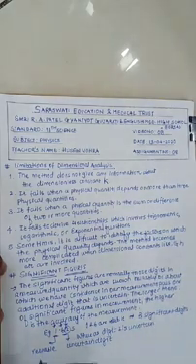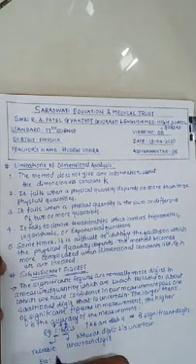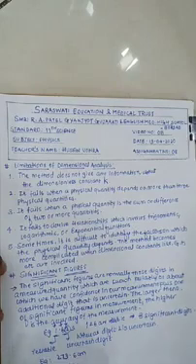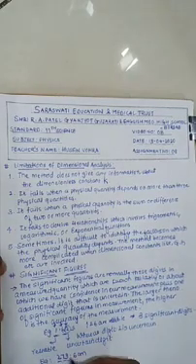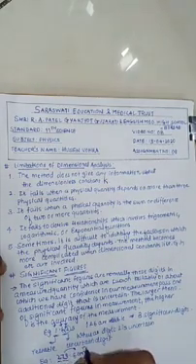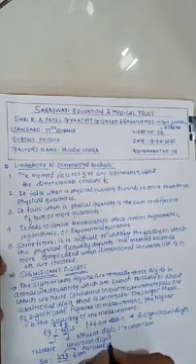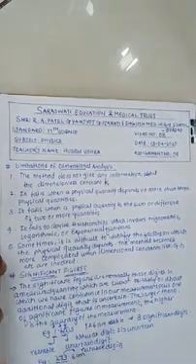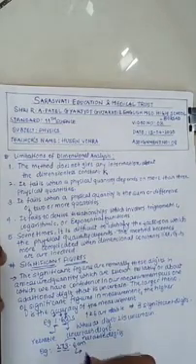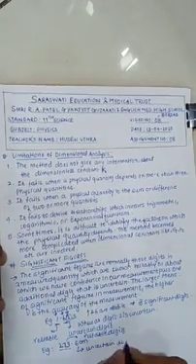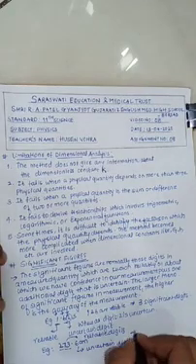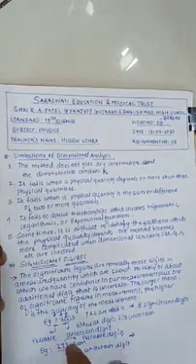Suppose you are finding the length of an object and it is found to be 273.6 centimeters. Clear? Here 273 are reliable, which you are sure about. Yes or no? And this 6 is what? Uncertain digit. So how many significant digits? 1, 2, 3, 4 non-zero digits are significant.